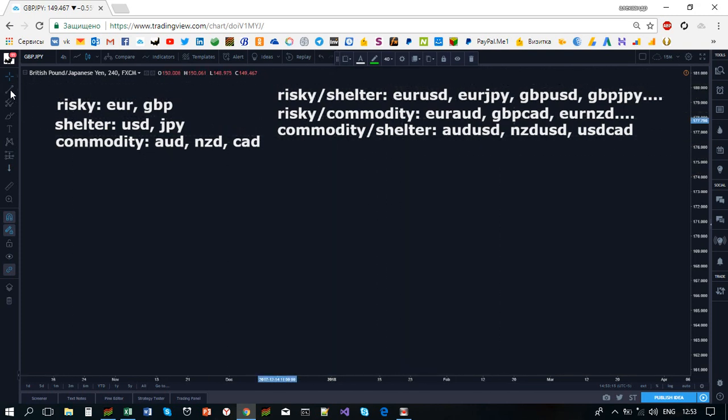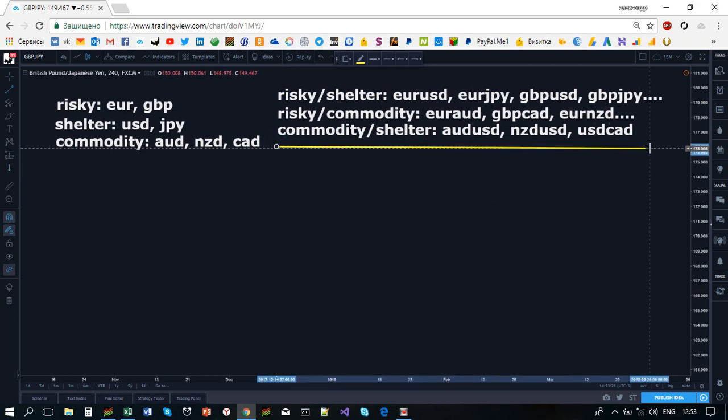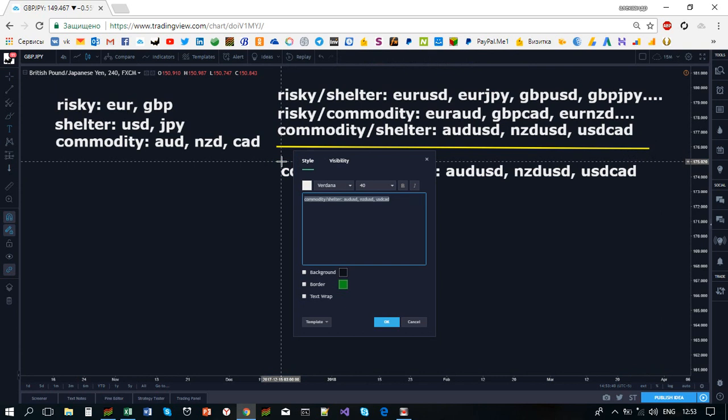And class number 4 is the one that stands outside of this tree, and I call it same sector classes. So if we take the sector of risky currencies and take the same pairs from the same sector, Euro GBP will be a same sector currency pair. Let me type it this way: SS pairs.